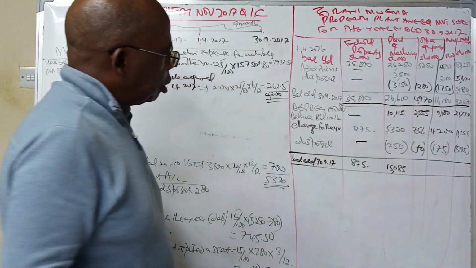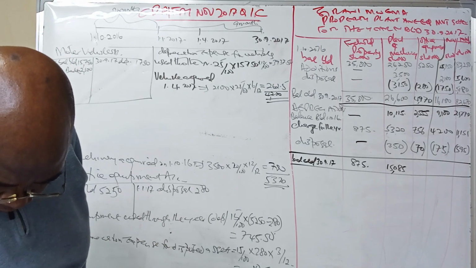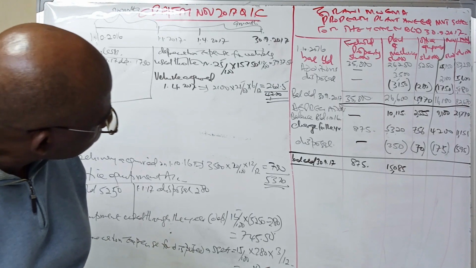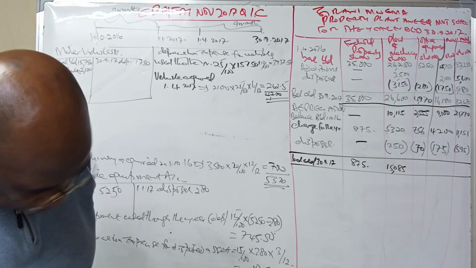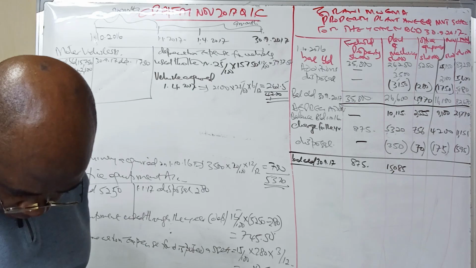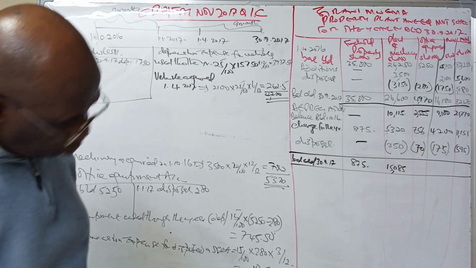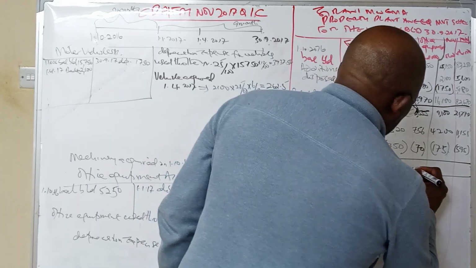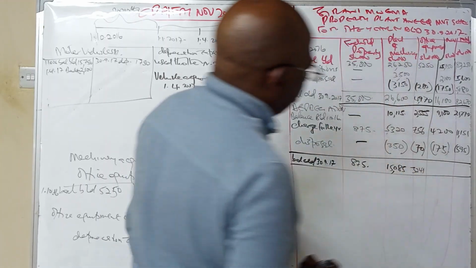If we go to the next one, 2,555 plus 756, minus 70, we get a closing balance of 3,241.